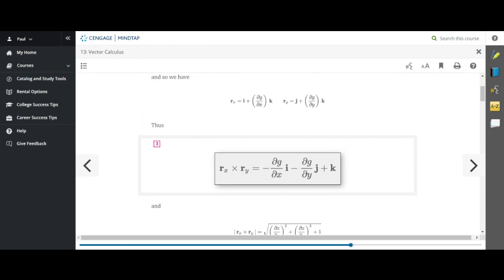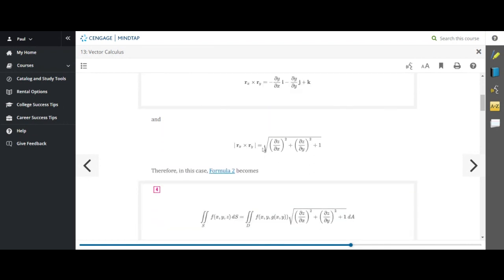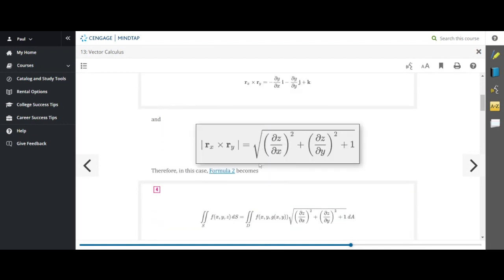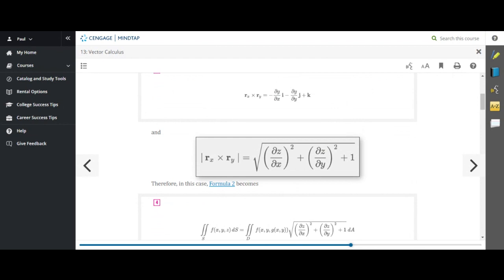So the cross product of r sub x and r sub y would equal that vector. You could work it out and show it. And then this means that the magnitude, the length of that cross product vector, would just be equal to that quantity, the square root of that.